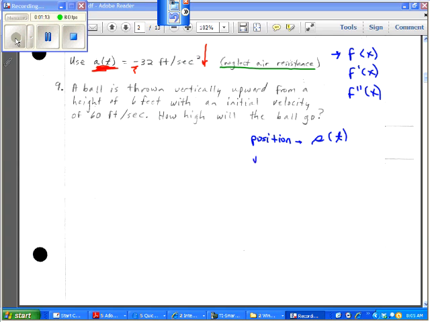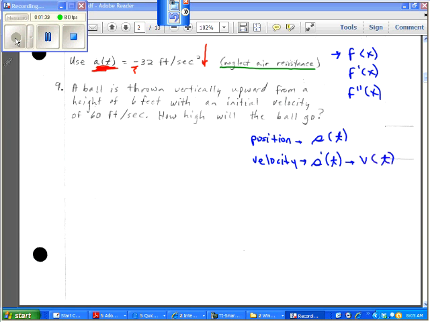And then, if we wanted to find velocity, we know that velocity would be the derivative of the position function, right? Because the derivative is the slope of the tangent line, which is the blah per blah, or the rate of change. And so that is actually v of t.